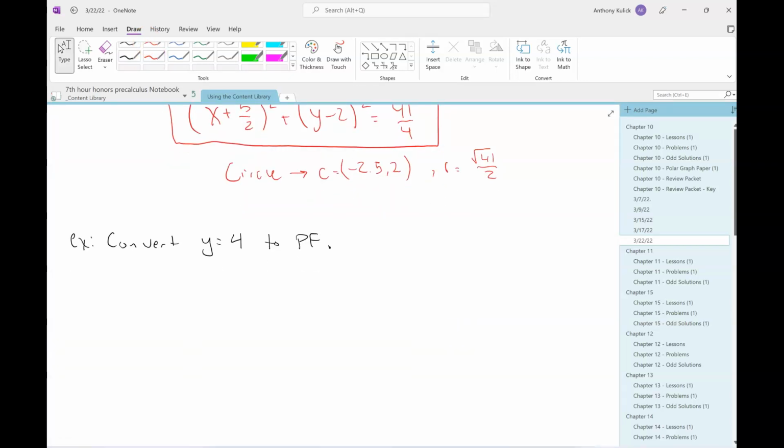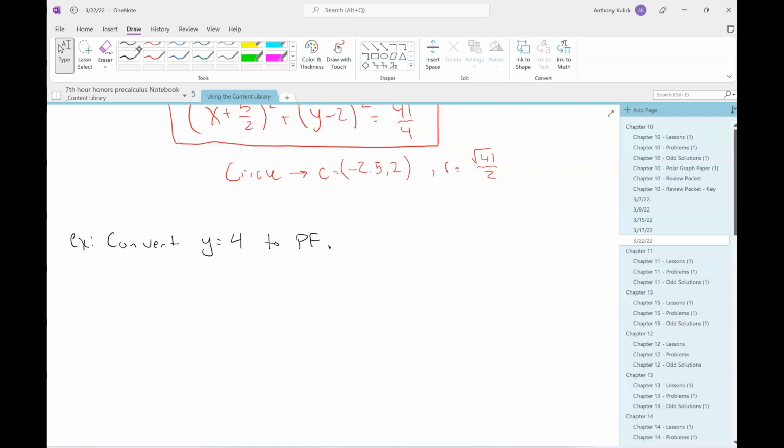So let's say we have y equals 4. Again, you should recognize that as a rectangular function because it's in terms of x and y. Where's the x, Mr. Kulik? Well, just write a plus 0x somewhere. It's there, you just don't have to write it down.